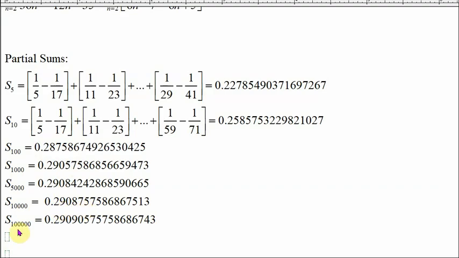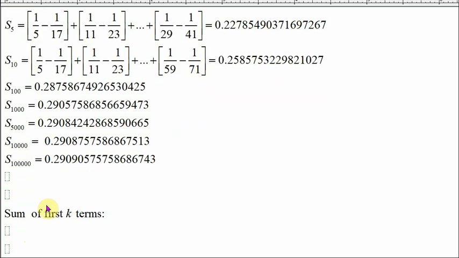And the sum of the first 100,000 terms is 0.290905. So these are called partial sums. And now let's write the sum of the first k terms.